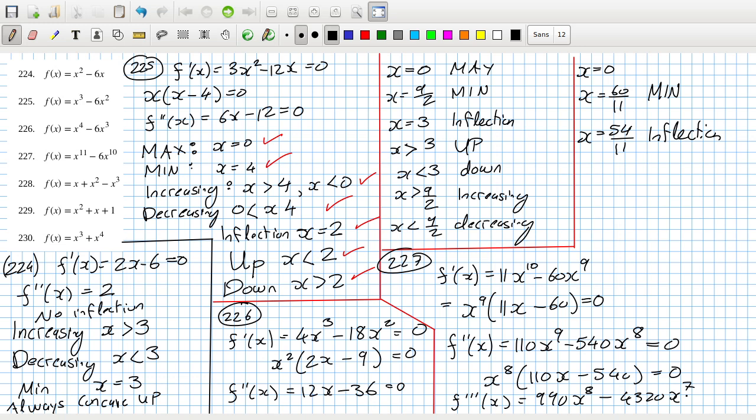But maybe if we look at the original function, you can take out an x^10 in the original function and you're left with x minus 6. So without having to go through the 4th, 5th, 6th derivative, I might be able to think about the shape. x^10 would definitely be a minimum.